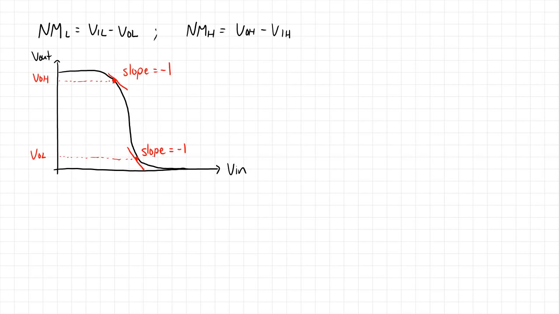And then we're going to drop down on the vertical axis over here and say that these points correspond to VIL and VIH. Okay. And so what we'd say is the region in here, this is the bad region.